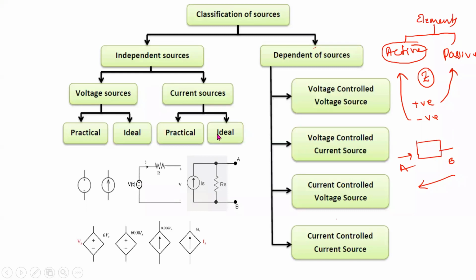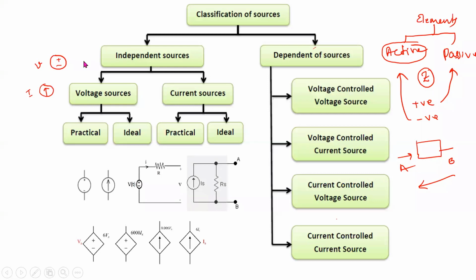Independent sources are always represented with the help of a circle. In this circle, we use a positive sign and a negative sign to indicate a voltage source. For the same circle, if arrows are used, then it indicates a current source.